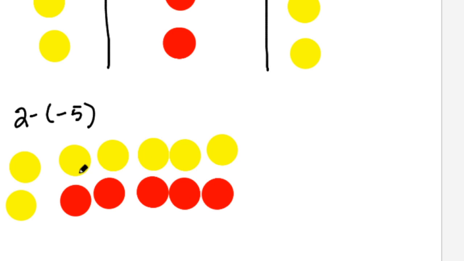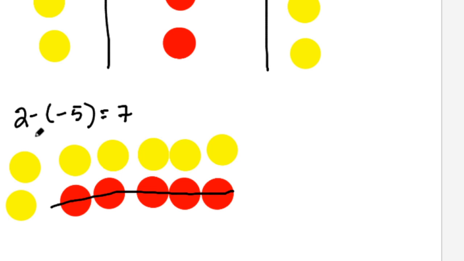So this region here is actually 0 because of what we know about the zero pair. But now I'm able to remove 5 negatives. So when I do that, these 5 negatives down here at the bottom are removed. And then notice I have nothing but yellow. I have 7 of them. So my answer here is a positive 7.